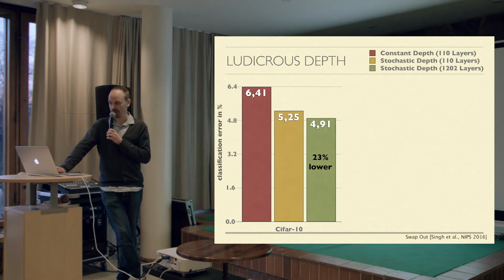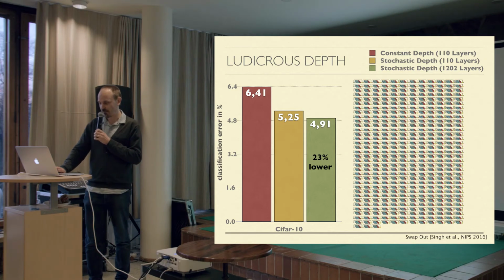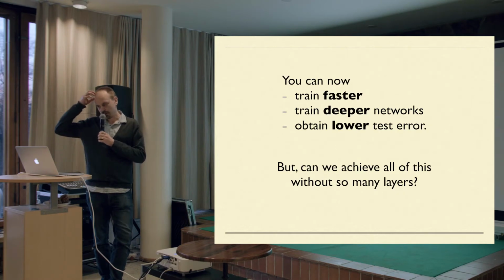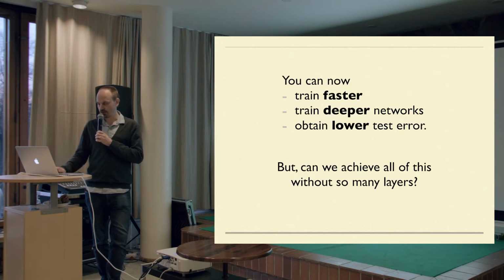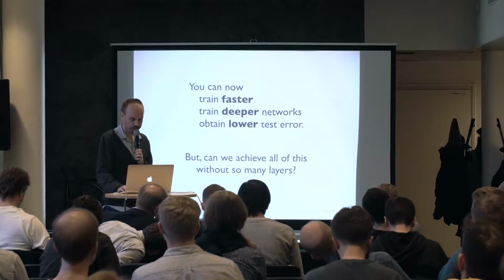So now we can train deep networks that are even 1,000 layers deep, and that's this deep, if you must know. So that improves the results even more. So with this idea, you can train faster, train deeper networks, and obtain a lower test error.